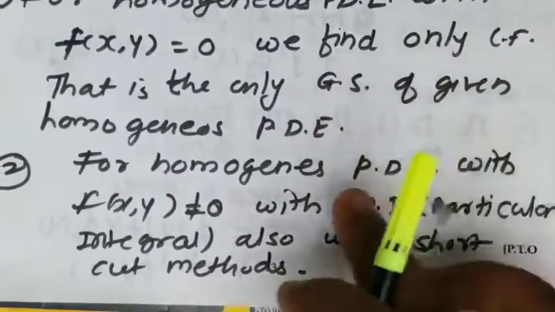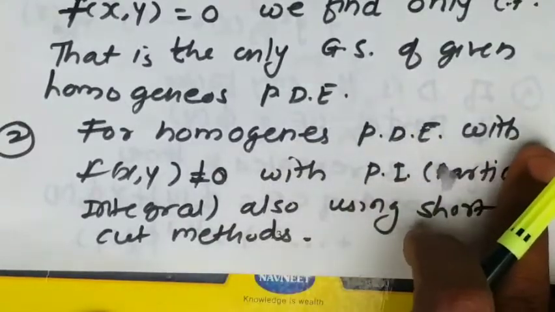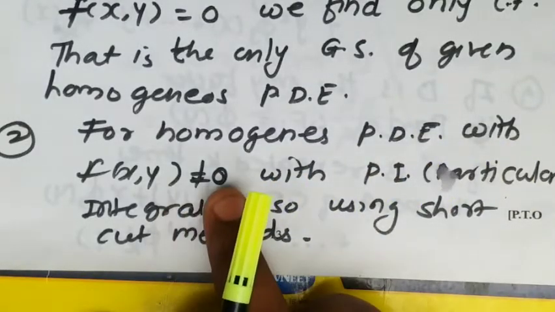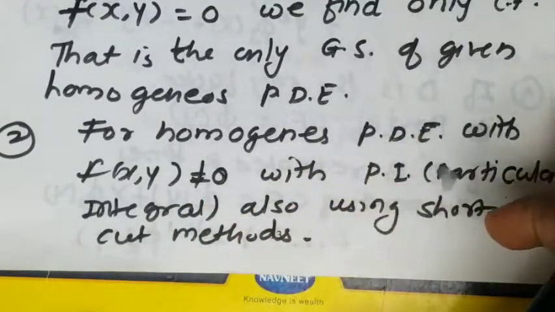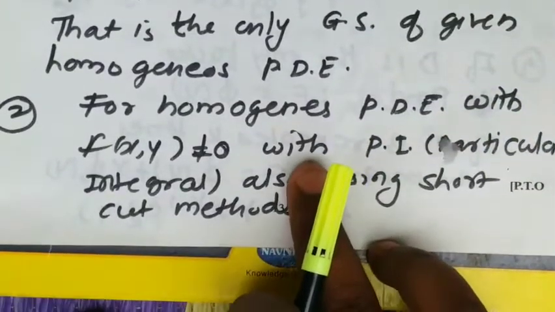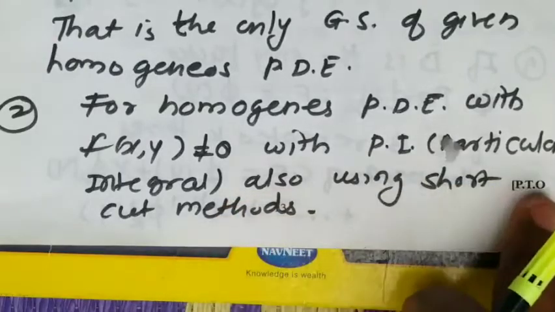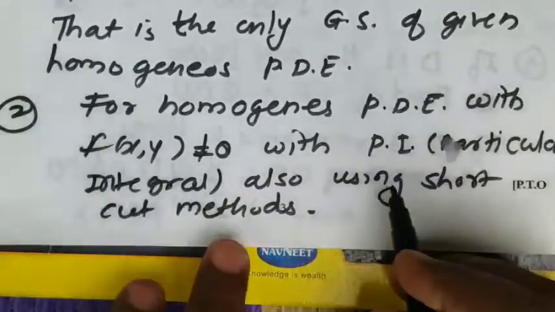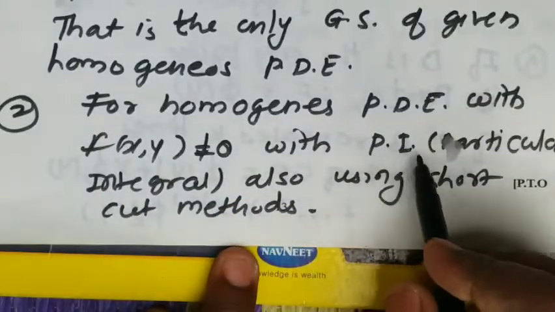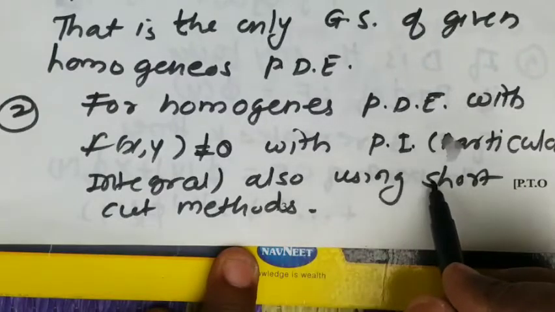complementary function. And for a homogeneous partial differential equation with f of x comma y not equal to 0, if the right hand side of the differential equation is not equal to 0, then we need PI, that is particular integral, also, using the method of PI, not shortcut methods. So whenever the right hand side of the homogeneous partial differential equation is not equal to 0, we have to calculate PI, particular integral, also.